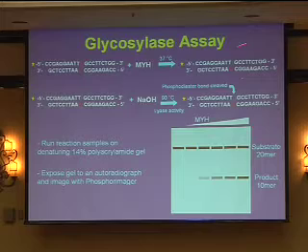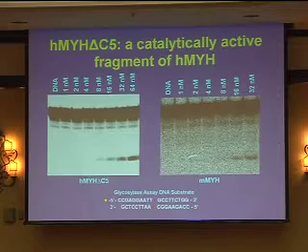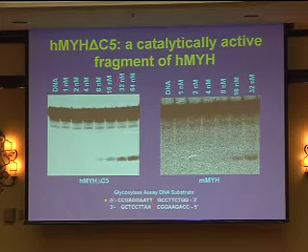If this reaction was successful, we would have a 10-mer product that would show up further down on the gel. So here we are able to show that MYH delta C5 was able to generate this 10-mer product as we increased the concentration of the protein.